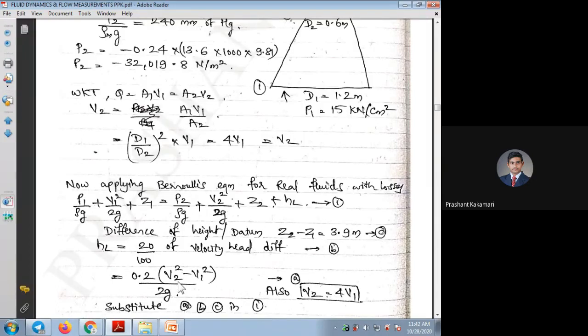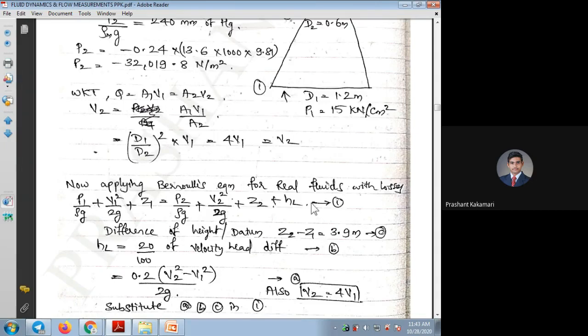What is V2? We have considered V1, V2 is 4 V1. Just a minute. V2 can be written as V1 into 4. Yes, V2 you can write as V1 into 4. Okay, here minus V1 square, as it is, divided by 2g.